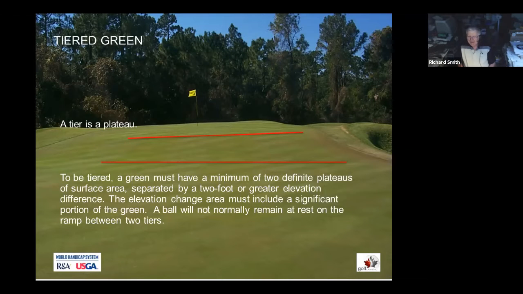But if you had to hit a shot from the top tier all the way down to a hole on the bottom, you certainly would have a difficult shot adjusting for those 2 ramps, or vice versa from the front up to the back. So in the rare case where you get something like that, it would be okay to say, yes, that is a tiered green, even though it's a little bit unusual from the definition.